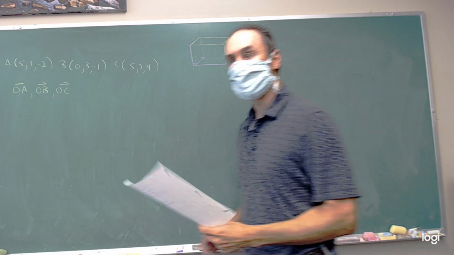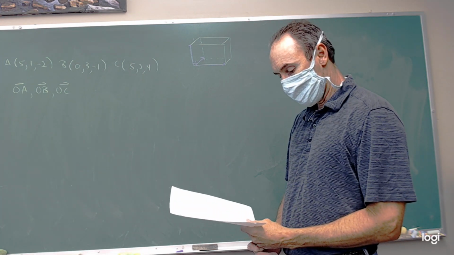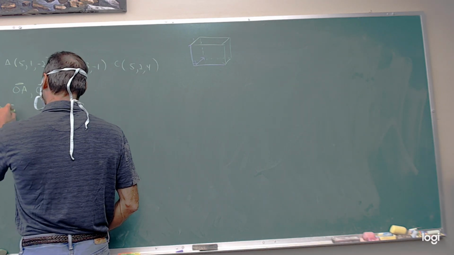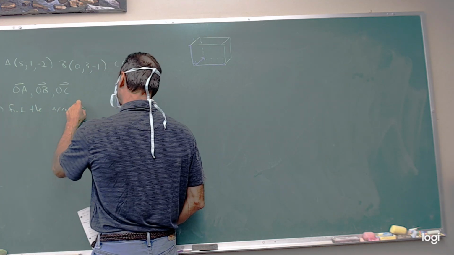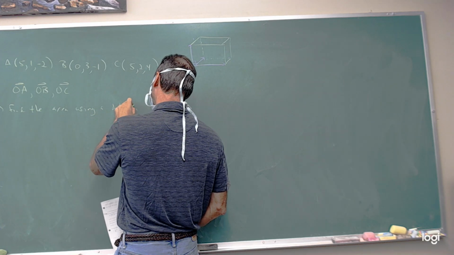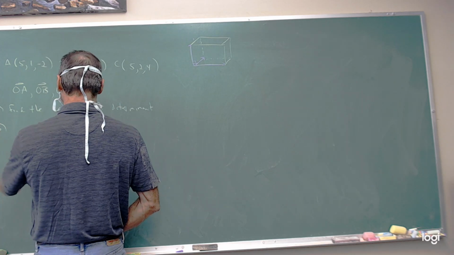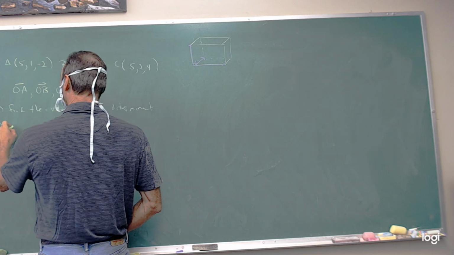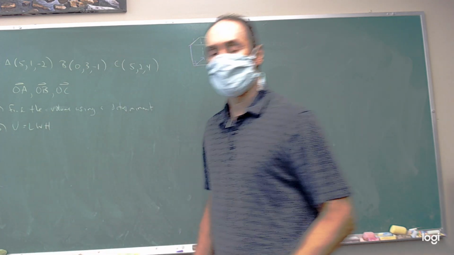That makes sense? So the points are really the same as the vectors. So we're going to first find the volume using a determinant, and then we're going to confirm and find the volume using length times width times height, the old-fashioned way.